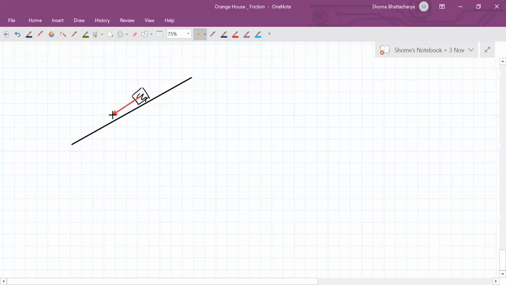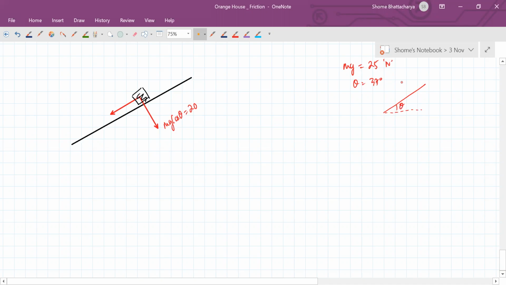So there is mg cos theta and mg sin theta acting like this. This component mg cos theta will be 20 newtons, because mg is 25 newtons and theta is equal to 37 degrees.